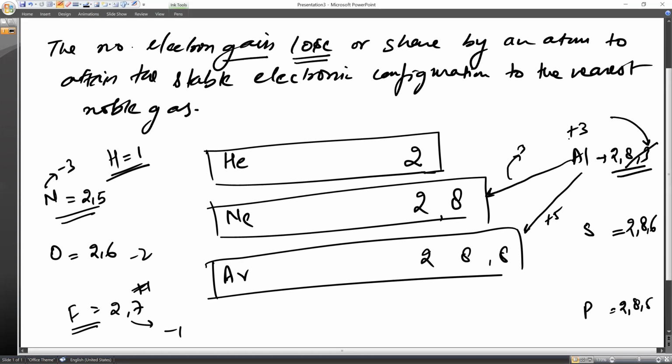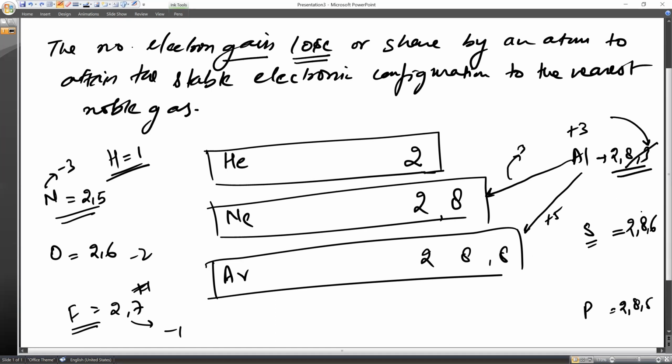And that of sulfur? The nearest noble gas is argon.